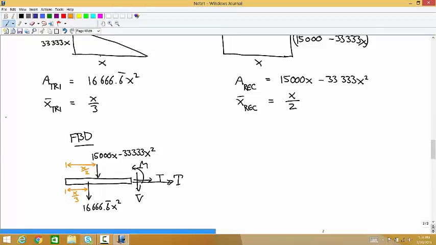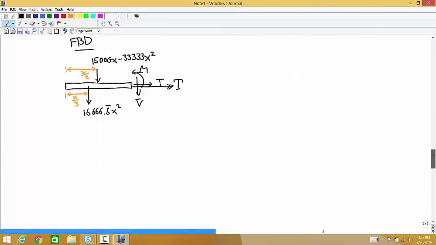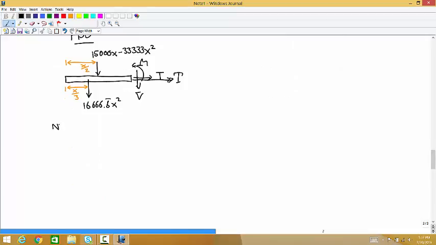And so Newton's second law says what we have is a magnitude of 15,000x minus 33,333x squared pointing in the negative y direction.